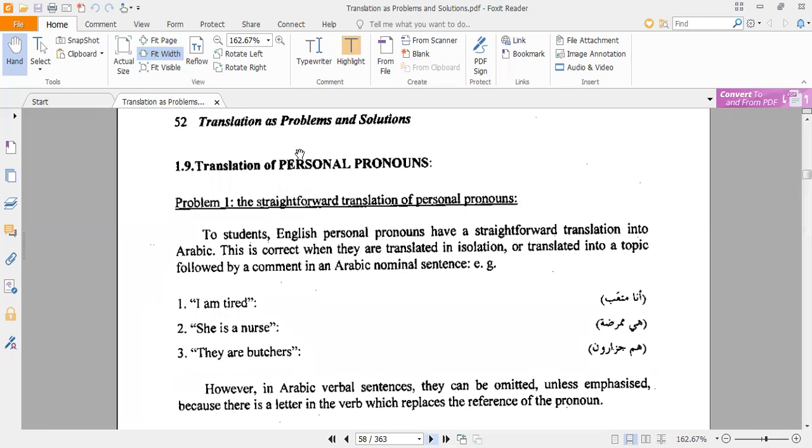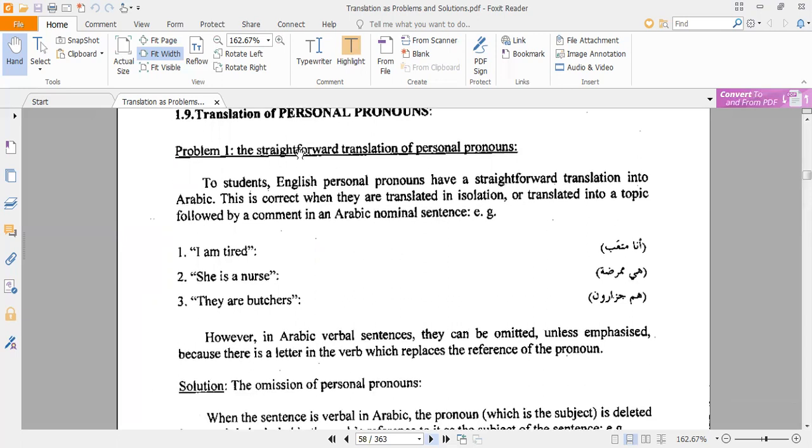Okay. Now, translation of personal pronouns. We know the personal pronouns: she, it, I, we, they, you. We have 7 personal pronouns. Now these personal pronouns are translated literally if they are translated in isolation, I mean alone.